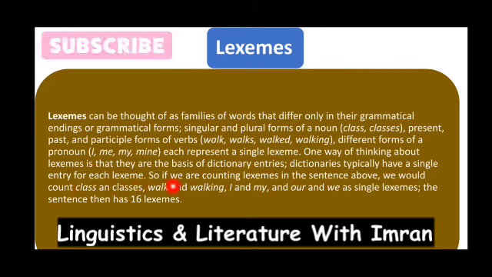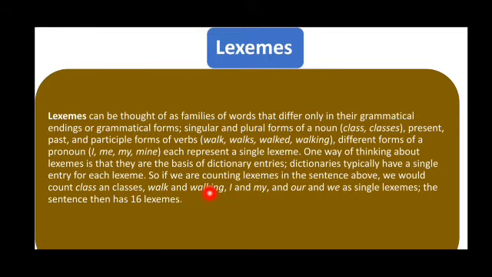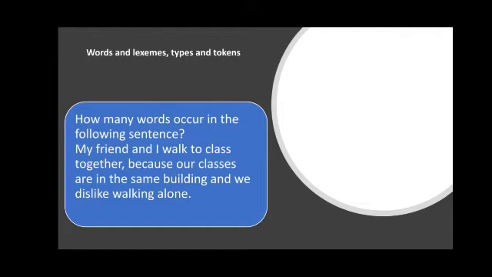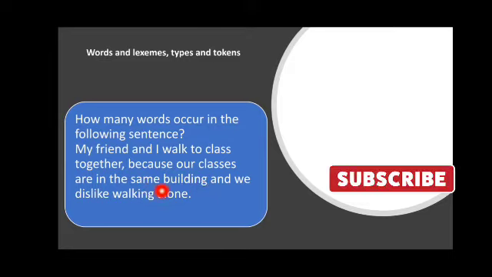So if we are counting lexemes in the sentence above, we would count class and classes, walk and walking, I and my, and are and we as single lexemes in the sentence. Then we have 16 lexemes in that example.